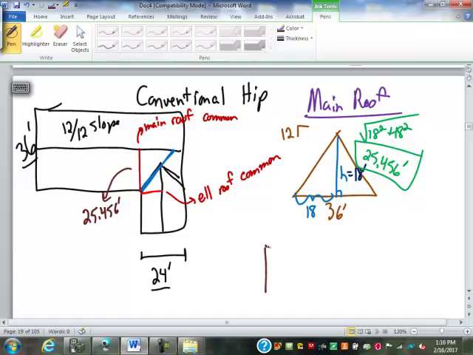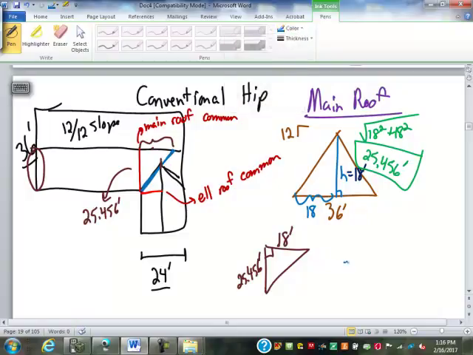Which then gives us a triangle. This is 25.456 feet. What's this? It goes past the ridge here, doesn't it? It's got to be more than 12. Since these slopes are the same, this is going to be half of the 36. It's going to be 18 feet.